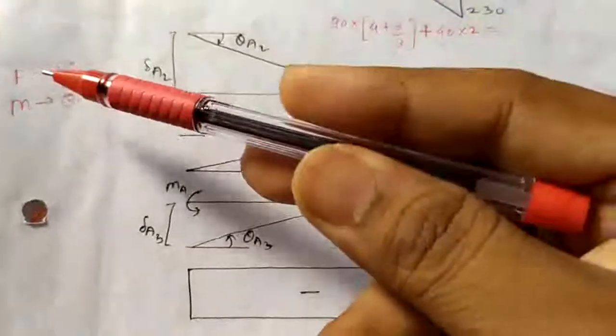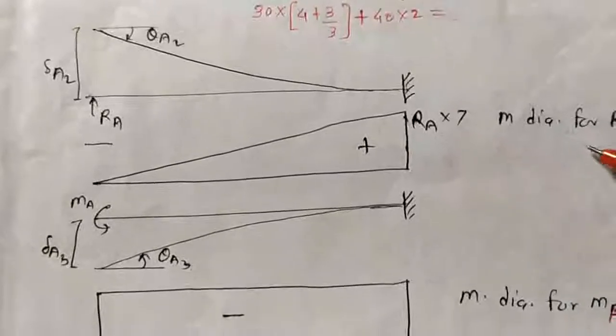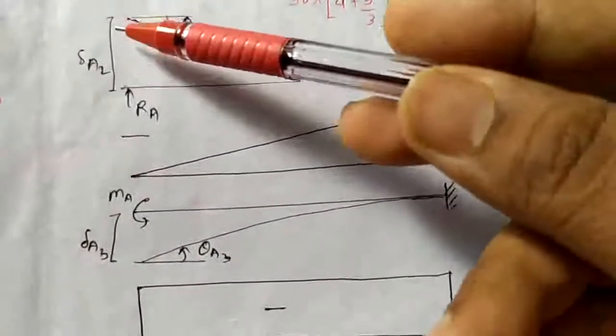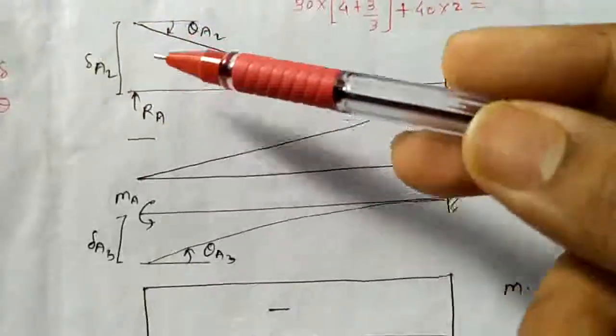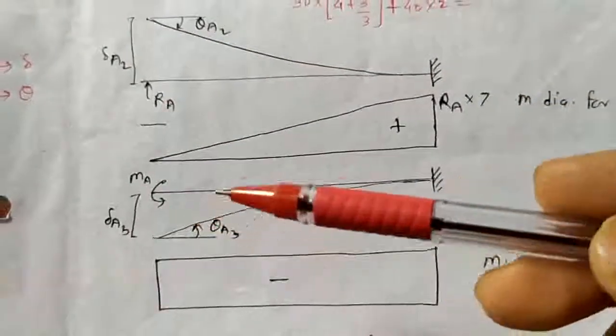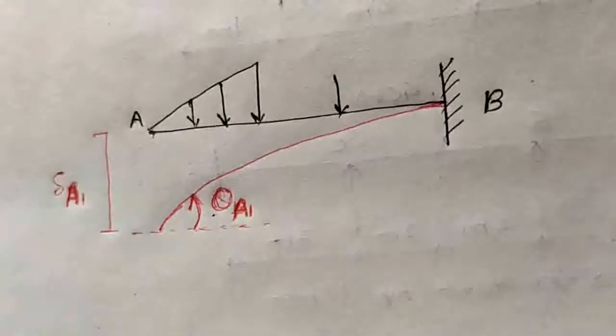Because of the application of the unknown RA, we are getting displacement in the upward direction. So here delta A2 we are taking positive, delta A3 negative, and delta A1 negative.